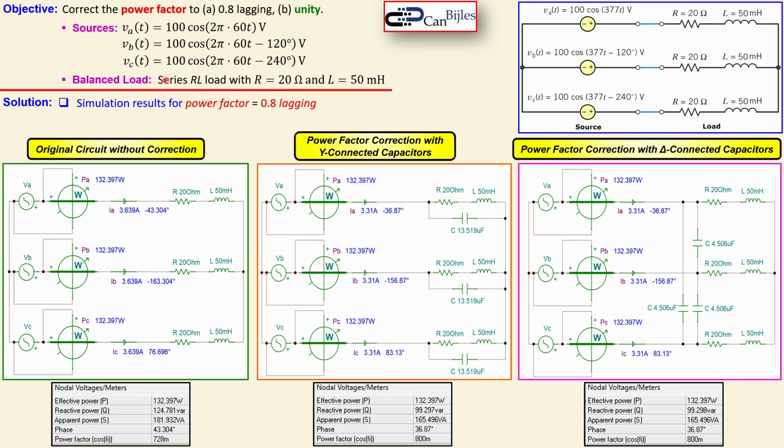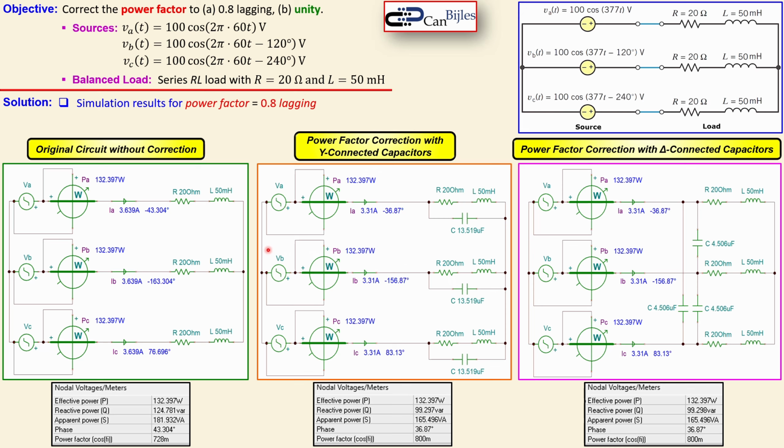You can also of course calculate it from the impedance angle using the resistor and the reactance of the inductor here. Now you can also look at the power, so these are the real powers, they are all the same, approximately 132.4 watts, and it's also the same for each case.